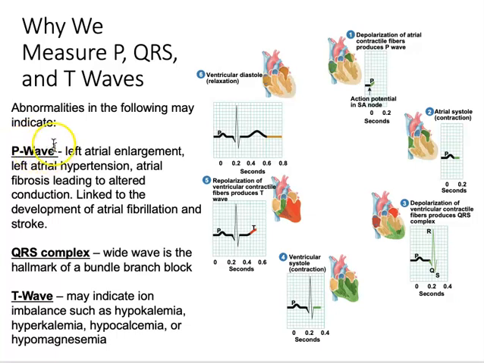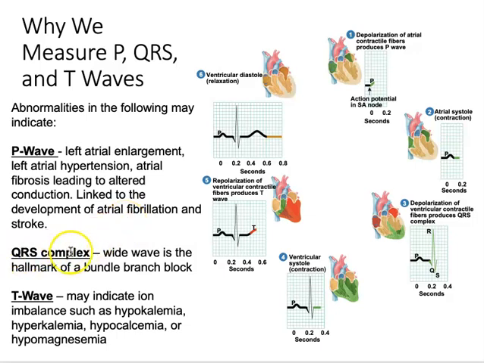If we see an abnormality in the P wave, it can indicate a left atrial enlargement, hypertension, or atrial fibrosis. So basically the muscles turning into fibers, so loss of muscle. An abnormal P wave is linked to atrial fibrillation and even stroke. So obviously we care.